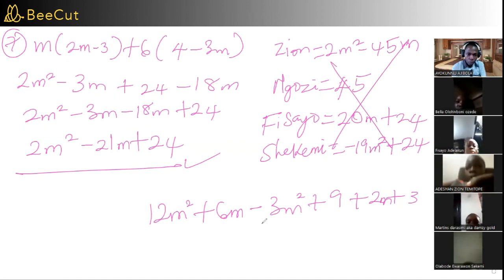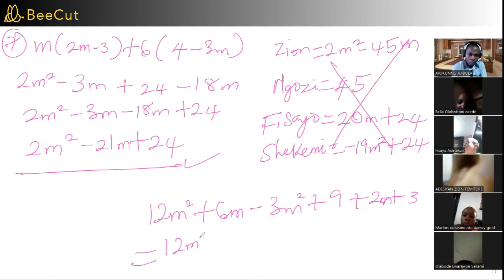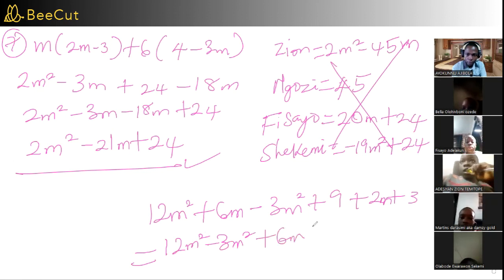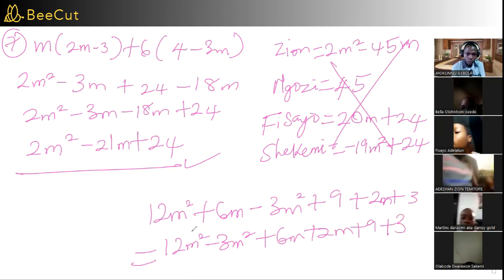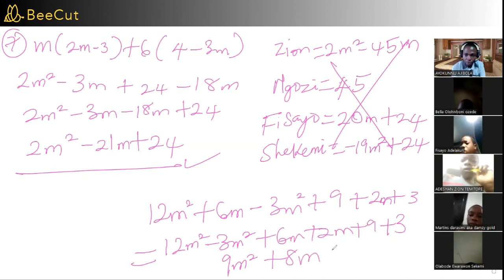All I will do is add or subtract the m squared terms as the case may be. So I'm going to have 12m squared minus 3m squared, then plus 6m, then plus 2m, then plus 9, and plus 3. You can see the power 2 can subtract the power 2, which is 12 minus 3 is 9, so 9m squared. Then 6 plus 2 is 8m, and 9 plus 3 is 12 with no m, because it's just 12.